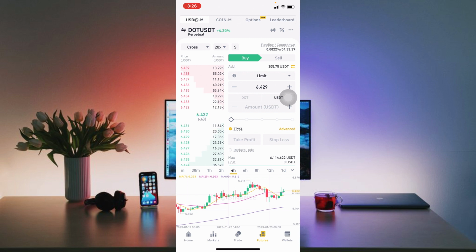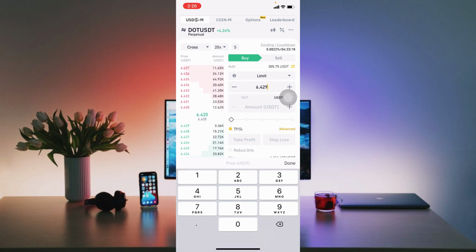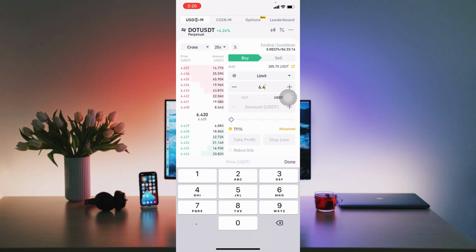So let's say we are going to enter this trade using a limit order, and I'm saying that you select the price that you want to enter the market. So if we are using a limit order, let's say we are going to select 6.29 as our entry price. So we can just change this to 6.290 as our entry price.